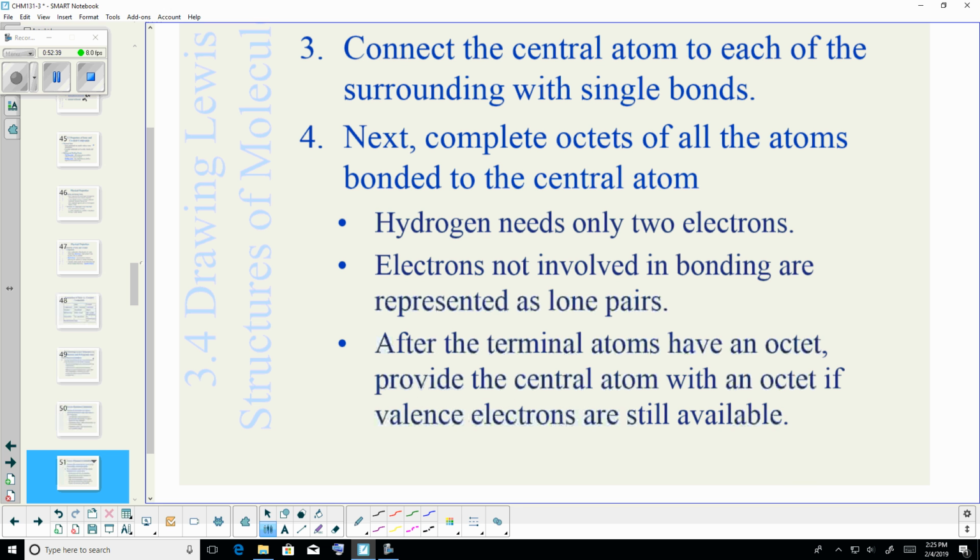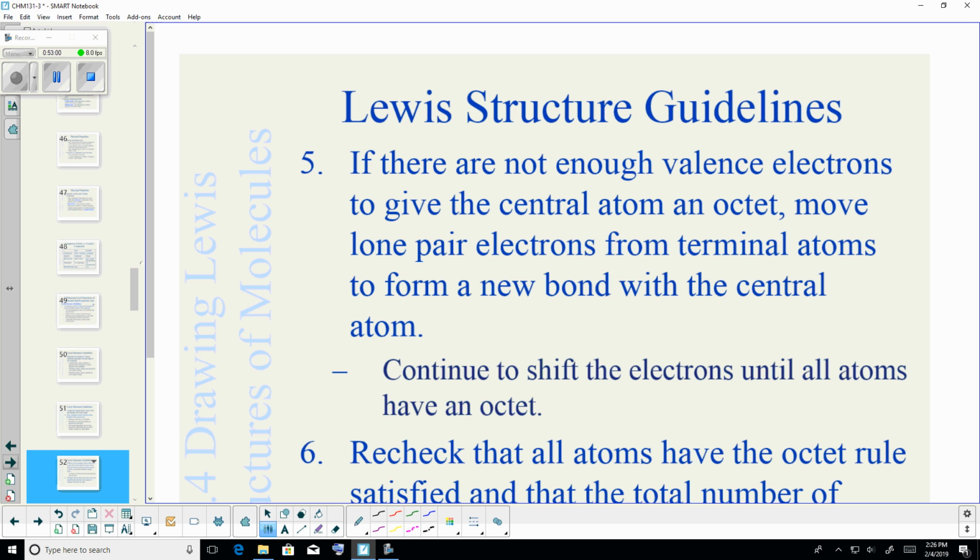Okay. Then place extra electrons or leftover electrons on central atom, if they're still available. Okay.